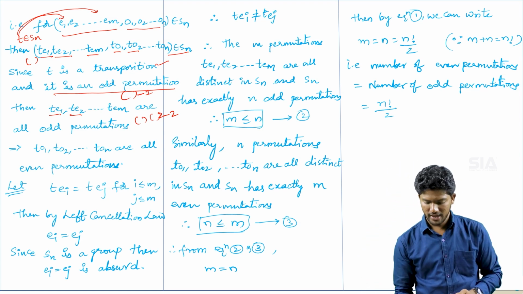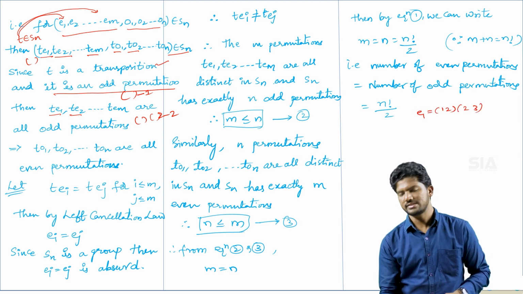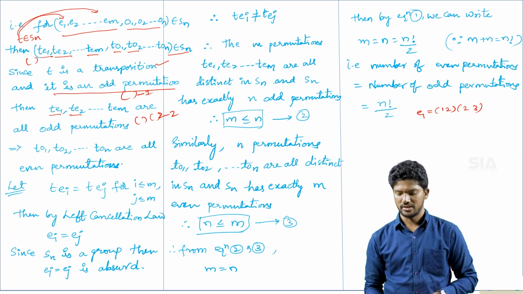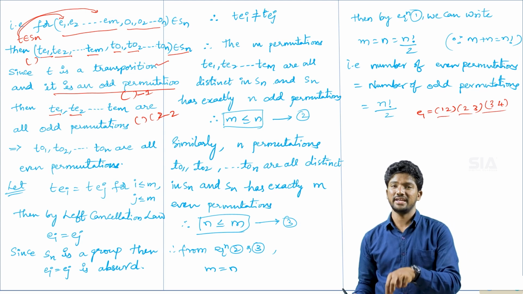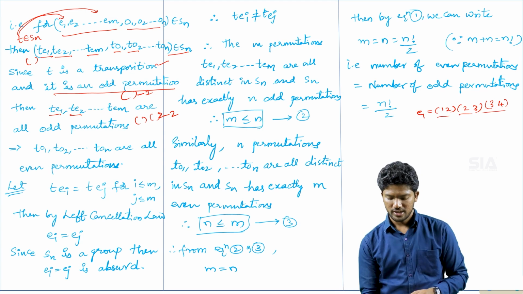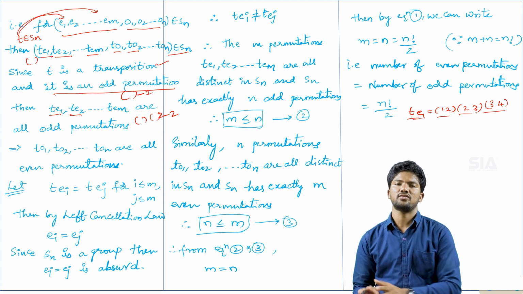For example, here you have E1 equal to (1 2)(2 3). This is the first permutation E1. If you add t, (3 4), then the total number of cycles becomes 3. 3 is an odd permutation. So whenever you multiply with t, you will get an odd permutation.